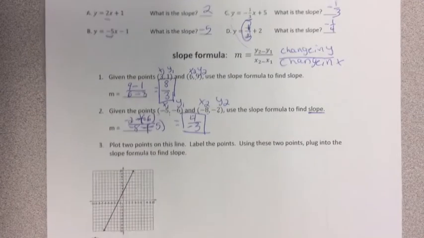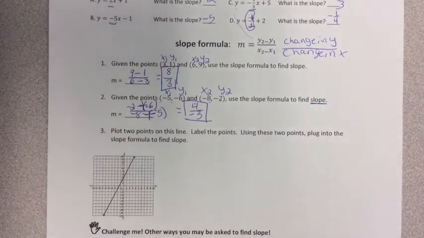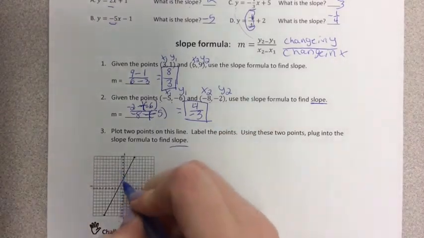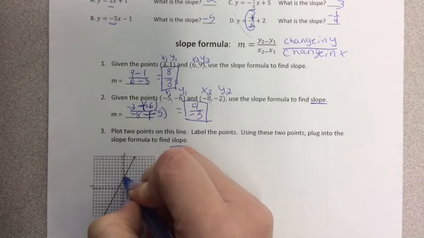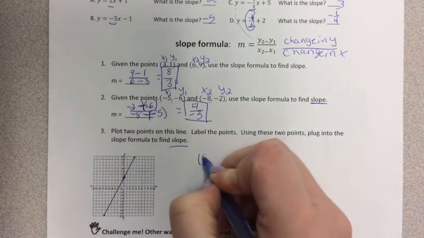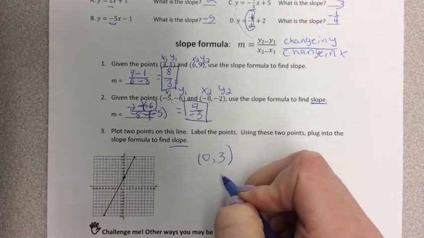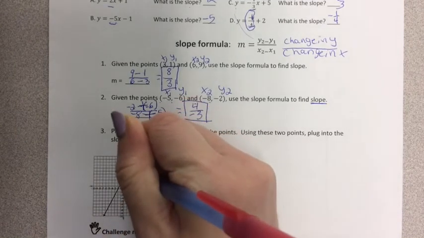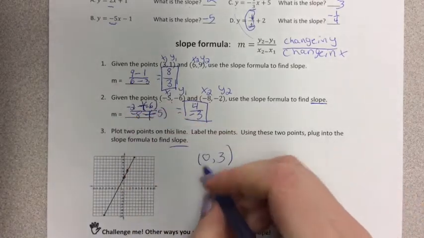Alright, so then this one says plot 2 points on this line, label the points, and then using these 2 points, plug them into the slope formula to find slope. So 2 points, I'm going to go for my y-intercept, which would be (0, 3). And then I'm going to pick (1, 5) as well.